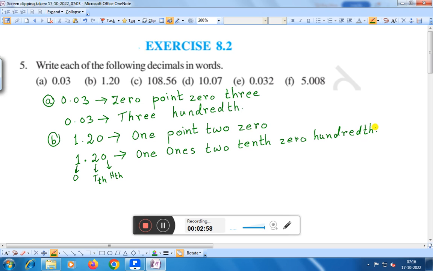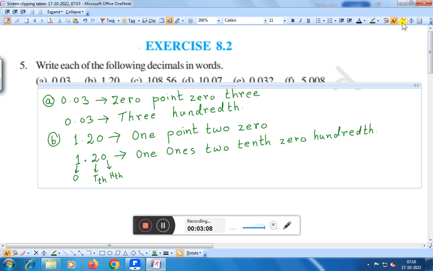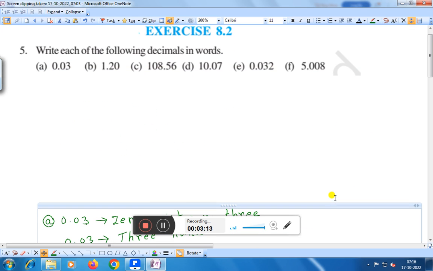In these two methods you can write the decimals in words. Now we shall write question number C, and we write in both the methods.